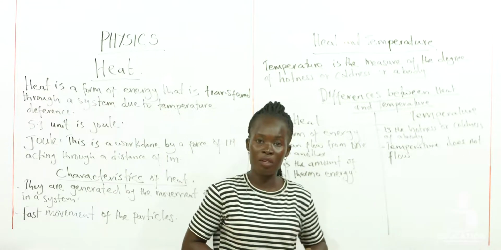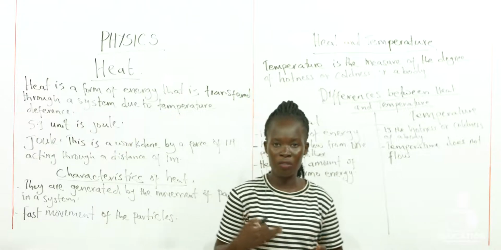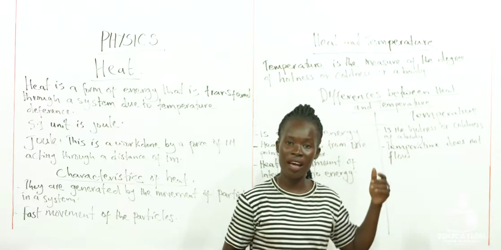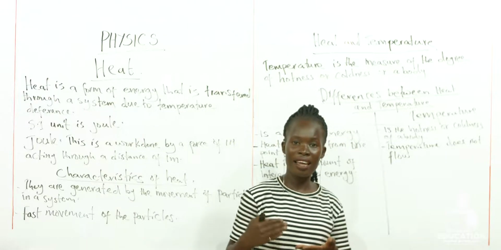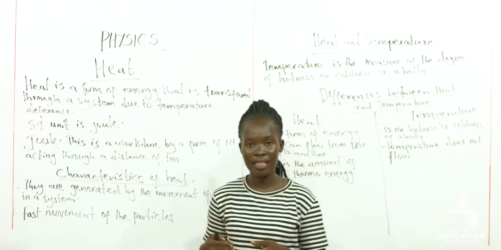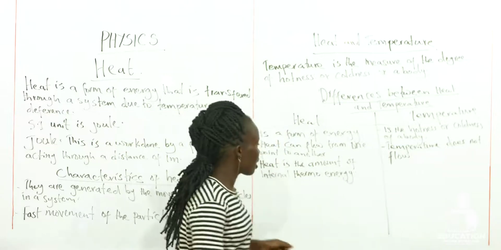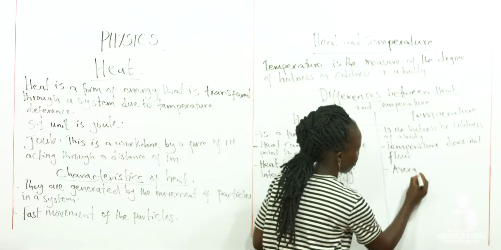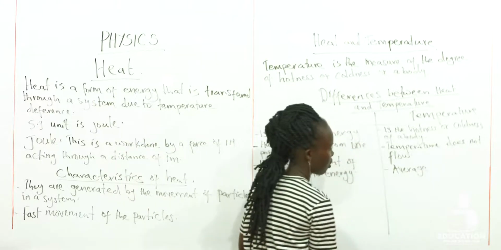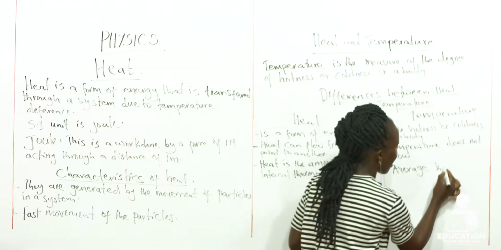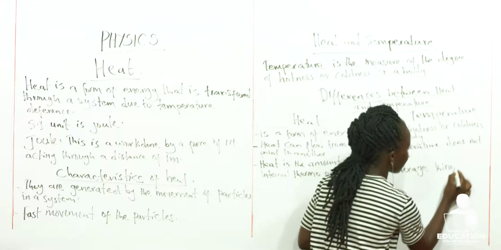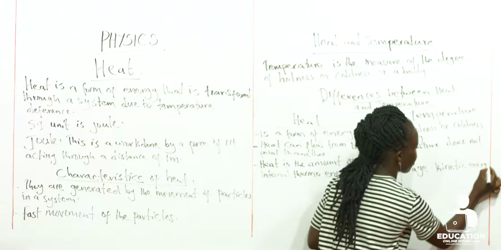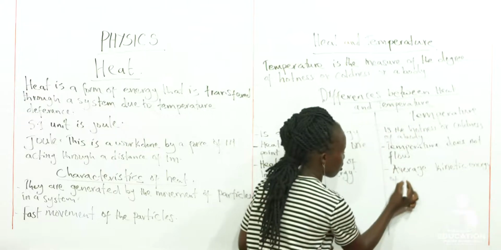What of its temperature? It is just part of it. Part of that energy is what is known as the temperature, and that energy is the kinetic energy. So we say that this one is the average kinetic energy of a particle.